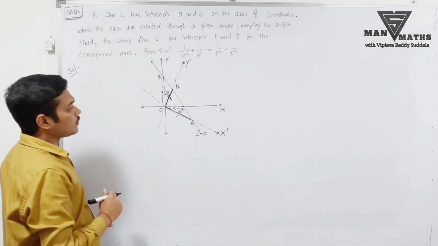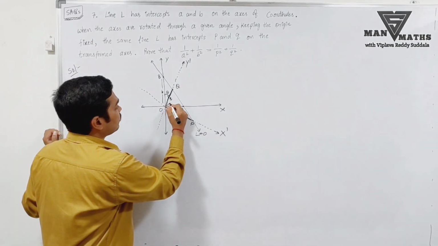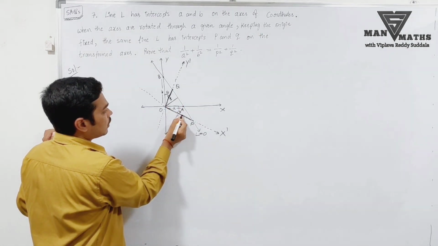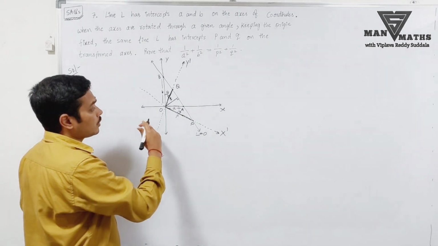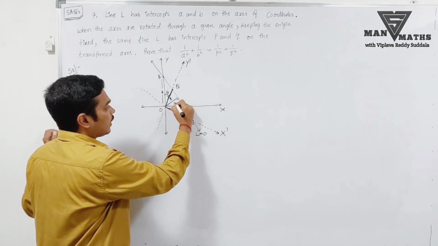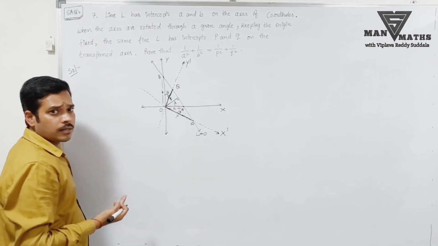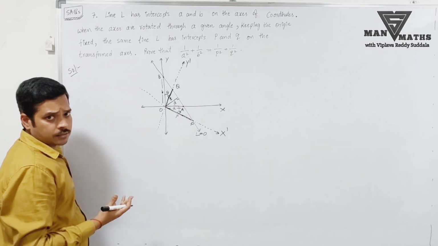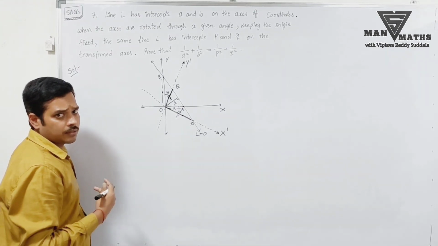That means the distance between the origin and the line never changed, because the position of the origin and the position of the given line are not changed. So the distance between that point and the line also did not change.